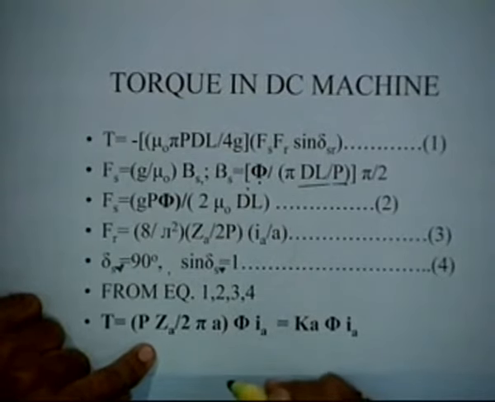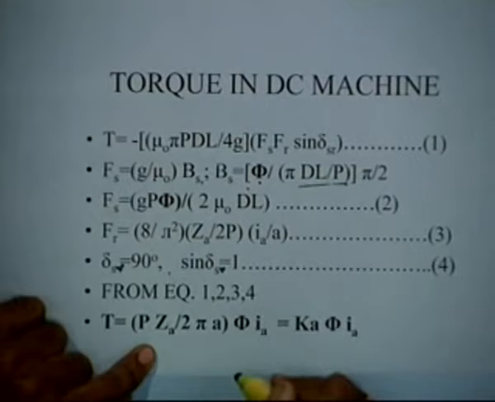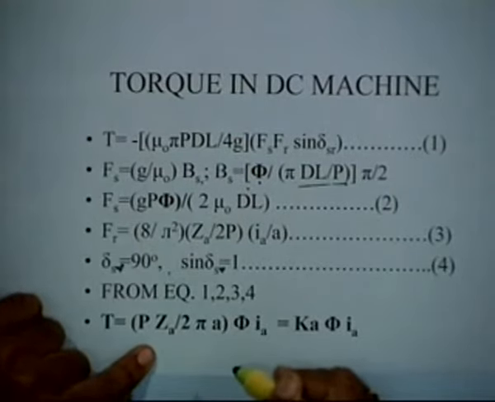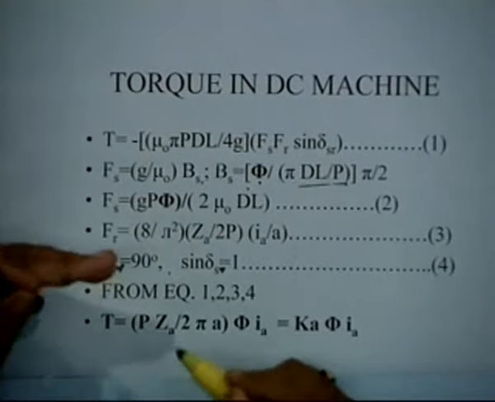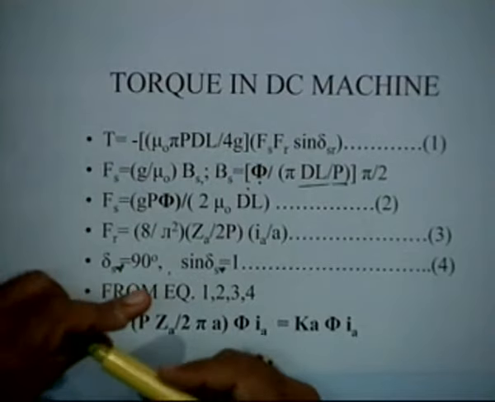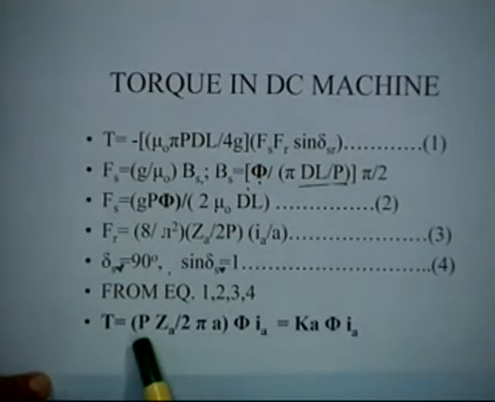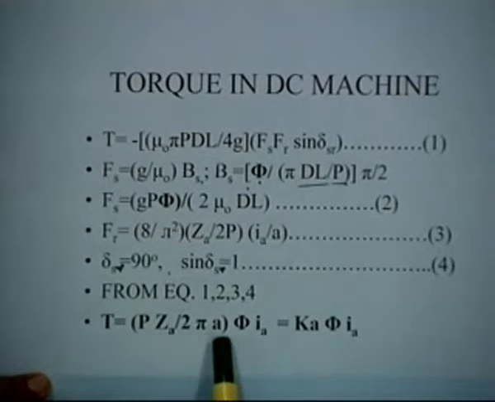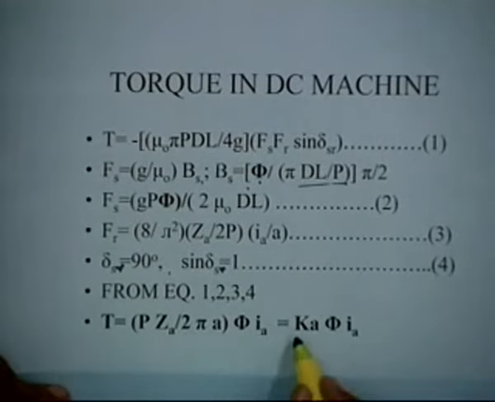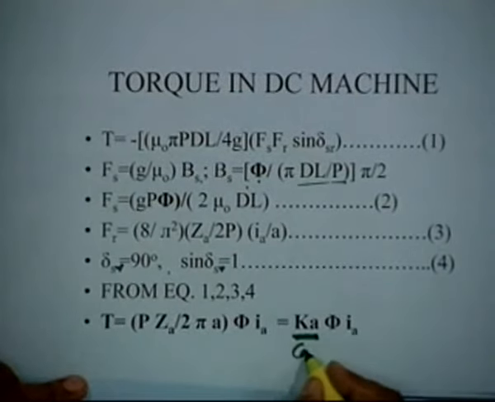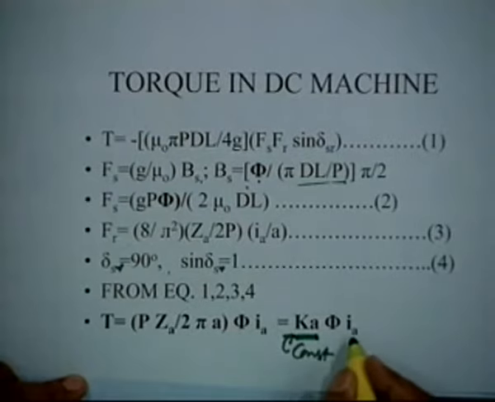So we get a very useful, manageable expression for torque in a DC machine, which is basically given by a constant P Za by 2 pi a. We can call this constant Ka, into phi into Ia.